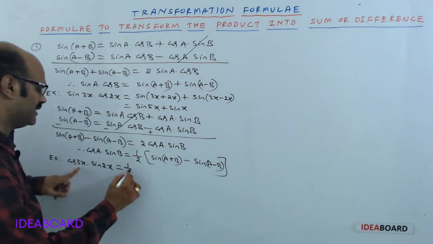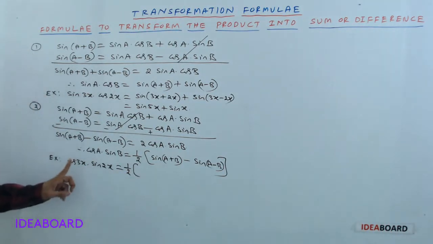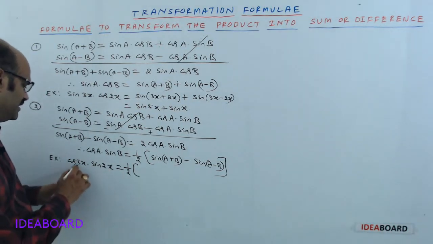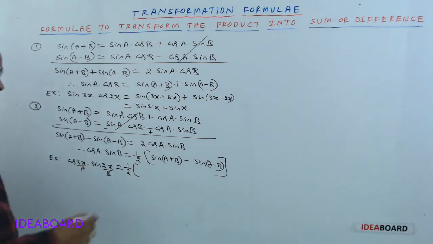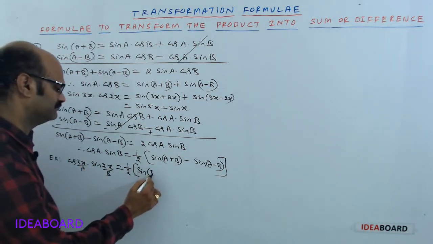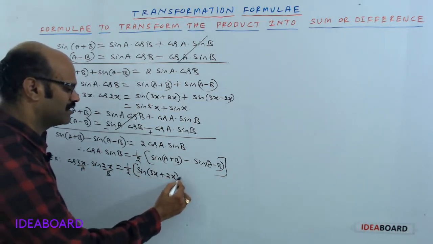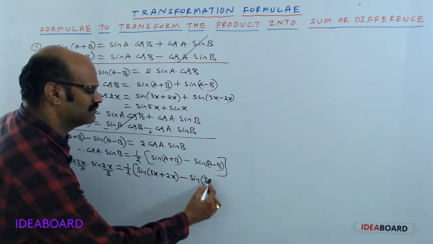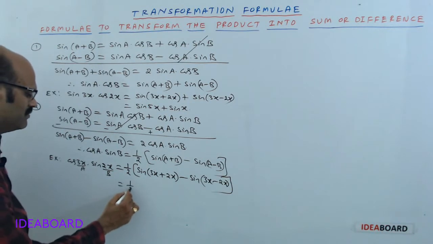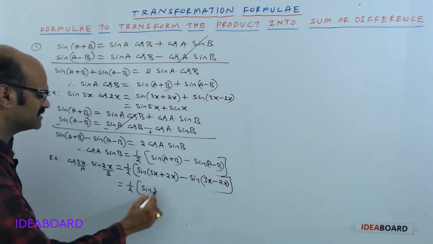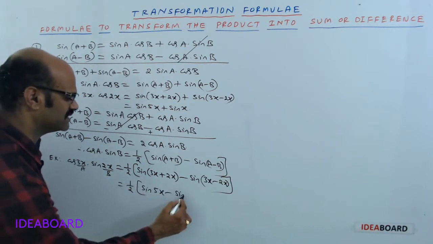So, 1 by 2 into sin of A plus B, 3x plus 2x. Here it is A and it is B. So, sin of 3x plus 2x minus sin of 3x minus 2x equal to 1 by 2 into sin 5x minus sin x.